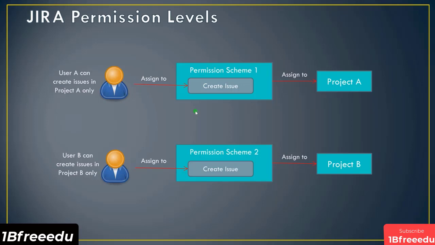Well, then you aren't able to use any of these existing permission schemes because each of these only allows one of the users. So if you want to have another project where both these users can create issues, then you obviously have to create a third permission scheme, and you can assign both user A and user B to the create issue action, and then that permission scheme you would assign to the third project.